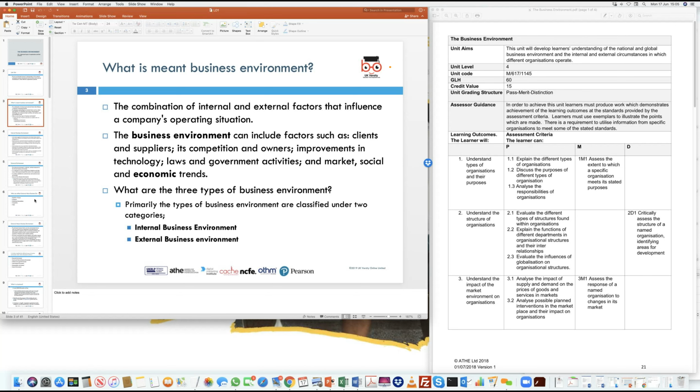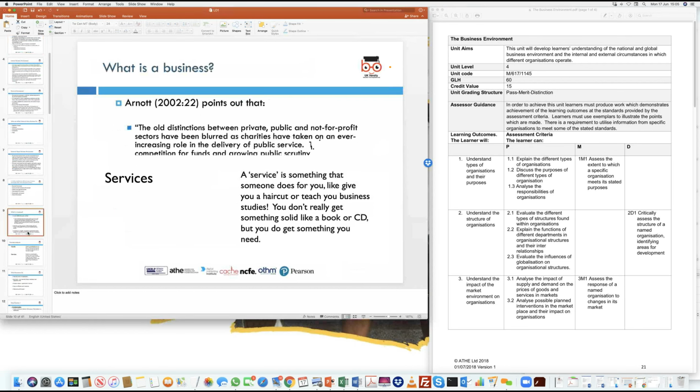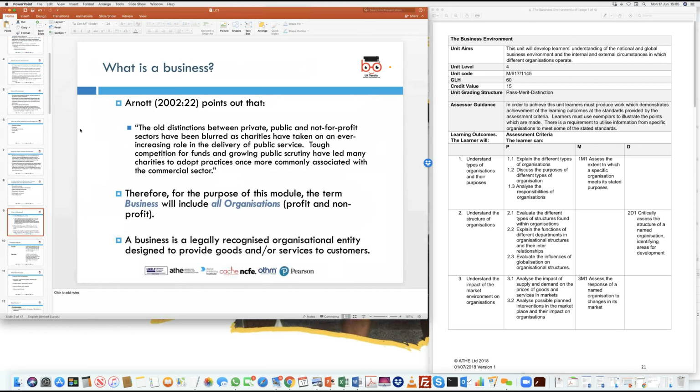Before I get into this, let's look at defining a business first. A business is some sort of an entity, an organization which individuals register when they start some sort of business activity.